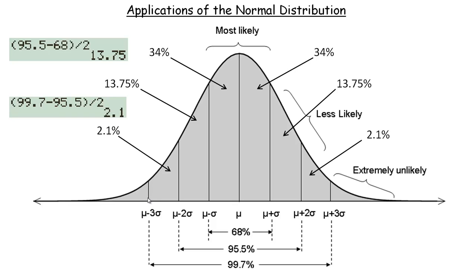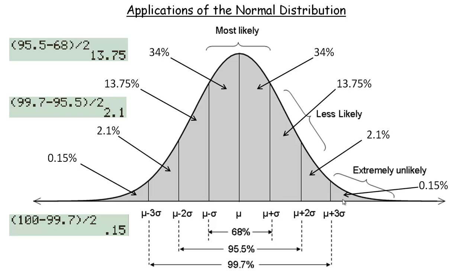Now, the percentage of the population that's either below 3 below the mean or above 3 above the mean, we would take 100% and subtract the 99.7 and divide by 2, so there's very little. This is 0.15%, and so would this be. And so that's in the extremely unlikely category. This is still less likely, and of course this is most likely, so you can kind of categorize it like that.